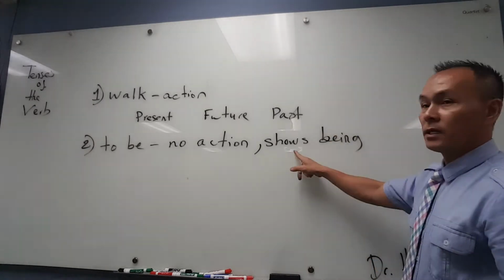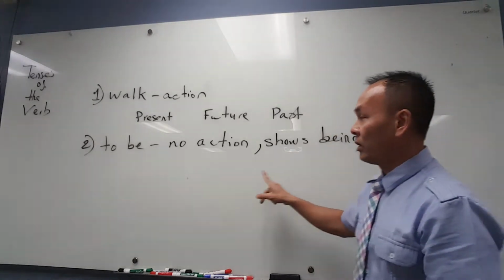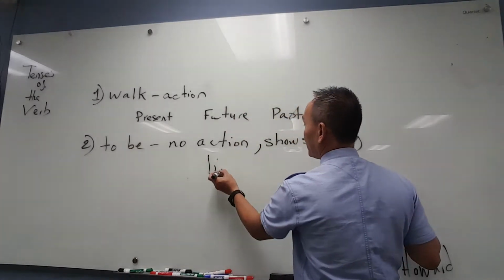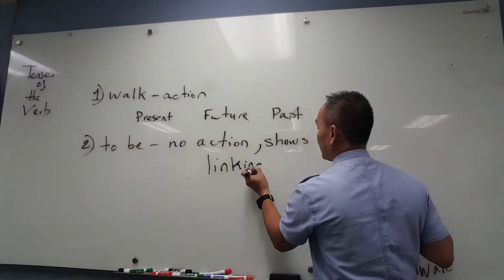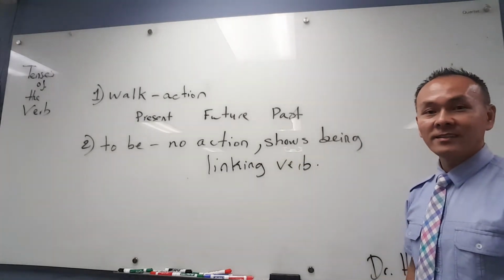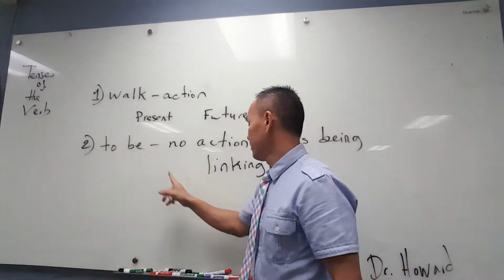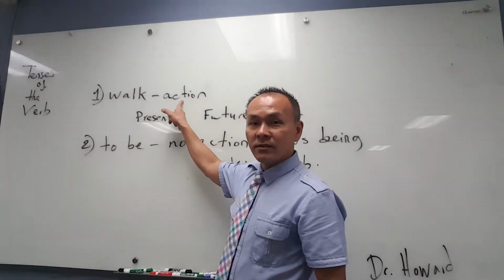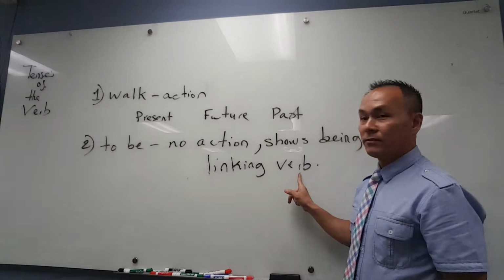It shows being. So therefore, to be, this is called linking verb. Okay? This is called linking verb. Linking verb. Say together, action verb, linking verb.